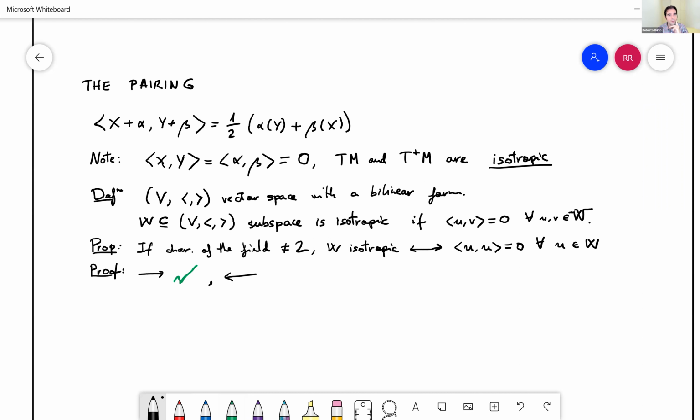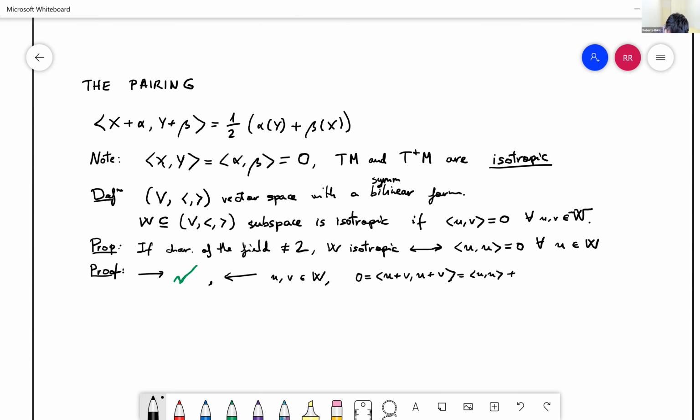Since this happens for every vector, we can do what's called the polarization trick. Given two vectors of your subspace, you know that all the pairings of a vector with itself are 0. But now, by bilinearity, we have the pairing of u plus v with itself, and I'm going to say symmetric.